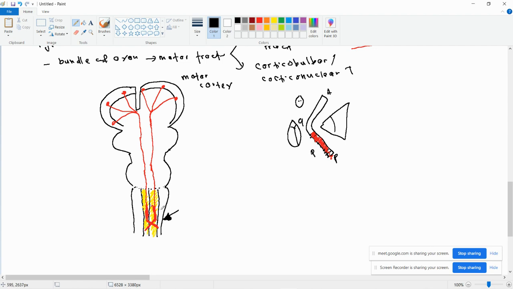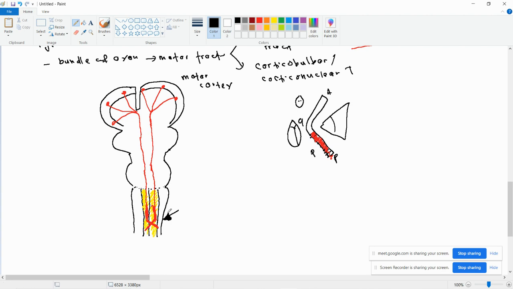Absolutely. So this lateral corticospinal tract within the pyramid, at the inferior, lower end of the medulla, this fiber will cross each other. Right going to the left, left going to the right, class. It crosses together, right? So this kind of crossing fiber, the lateral corticospinal tract, crosses each other at the lower end of the medulla.